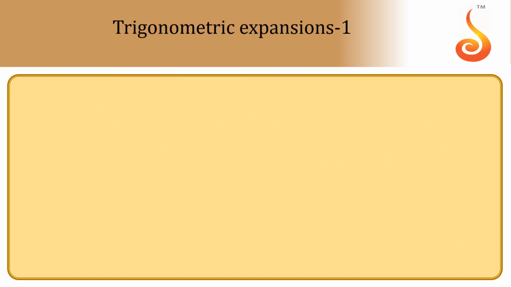So the applications we can use in trigonometric expansions. The very simple technique I'll tell you. Suppose (cis theta) whole power n, which is nothing but (cos theta plus i sin theta) whole to the power of n.